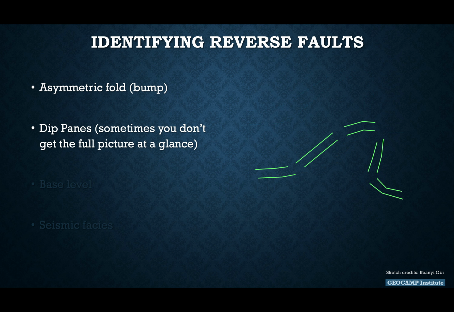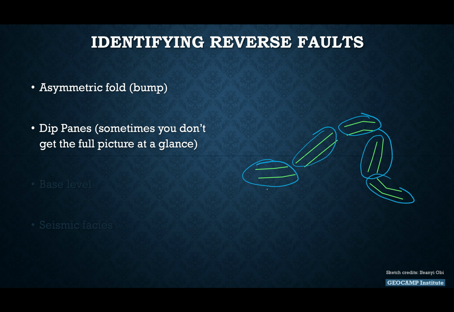Another hint in identifying a reverse fault is to take a look at the different dip planes. Sometimes it's very difficult to get the full picture at a glance, but what we typically do is look at the different dip planes. For example, in this case, this is one dip plane, this is another one, this is yet another one, and then as you go to the right, there's a drastic change in dip plane and yet another one.